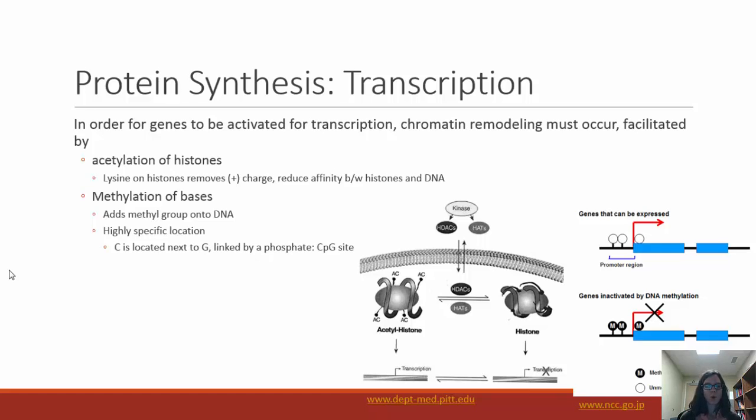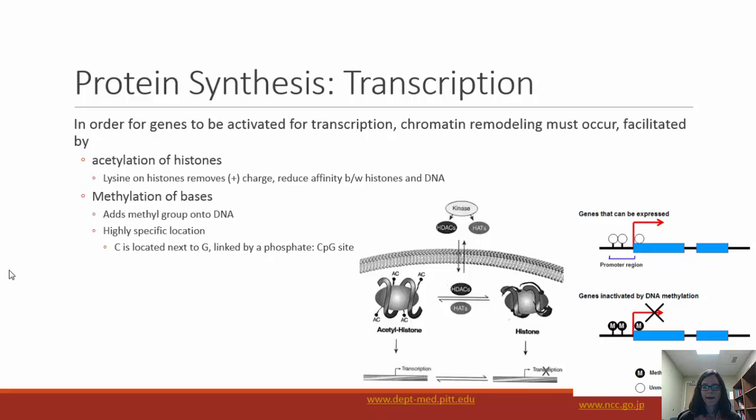Therefore, in most cases, when we acetylate the histone, it enhances transcription, while when we deacetylate the histone, it discourages or represses transcription. So by acetylating or deacetylating these histones, we can either encourage or repress gene transcription.